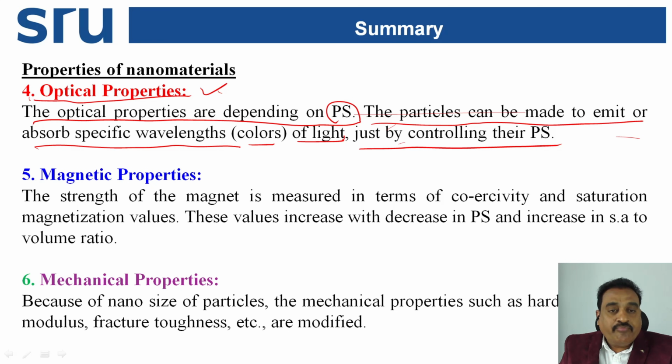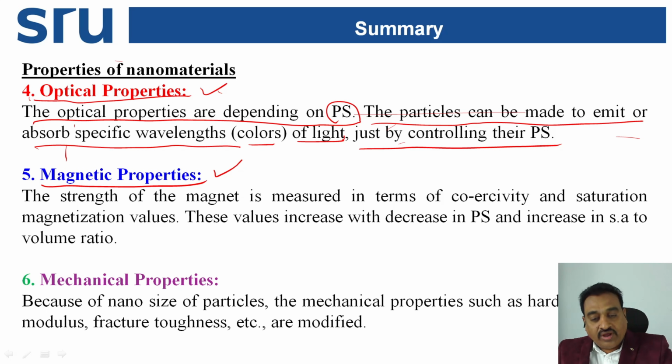Coming to magnetic properties. The strength of the magnet is measured in terms of coercivity and saturation magnetization values. These values increase with decrease in particle size and increase in surface area to volume ratio.